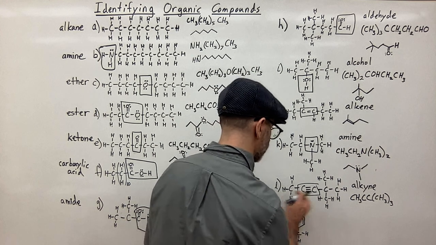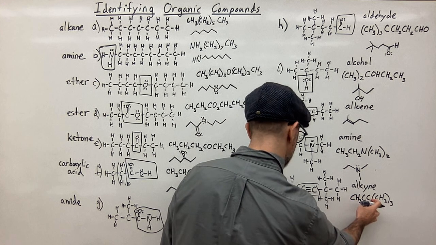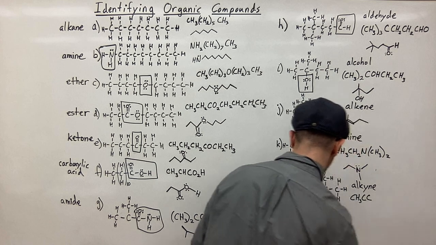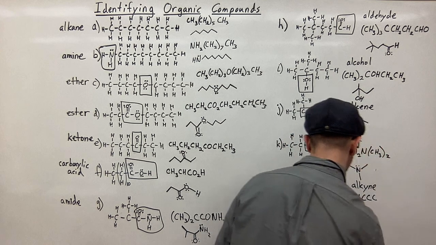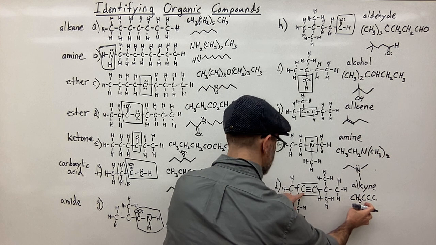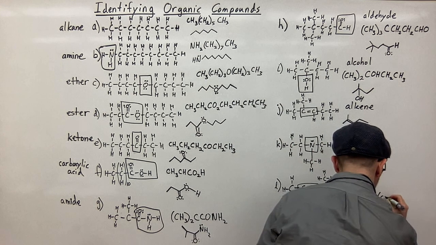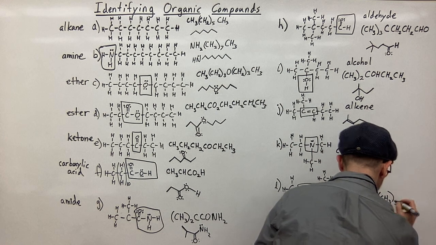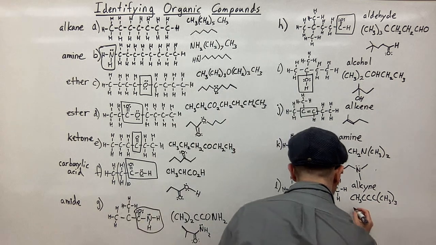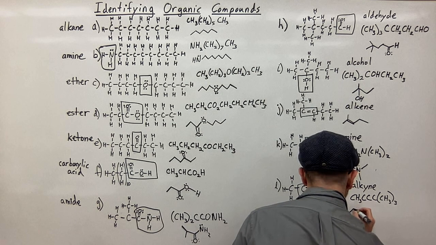And so here we have CH3, C, and then, oops, I forgot a C. So we have CH3, C, and then C, and this carbon has 3 methyl groups, CH3, bonded to it like that. So this would be the condensed formula, and then the line formula would be these 2.